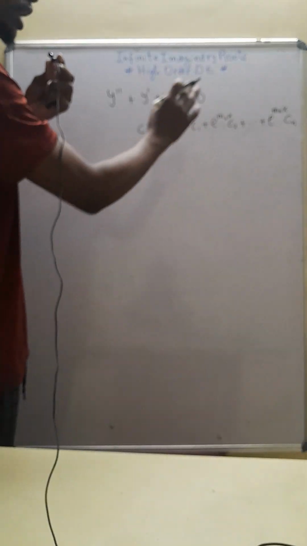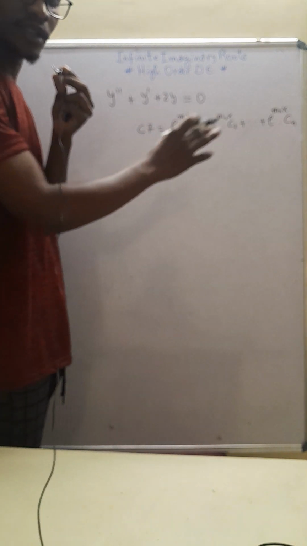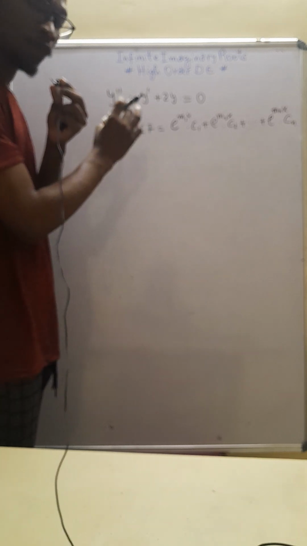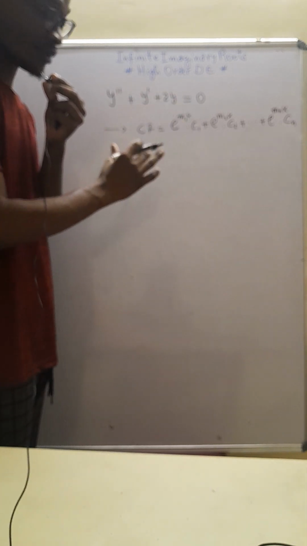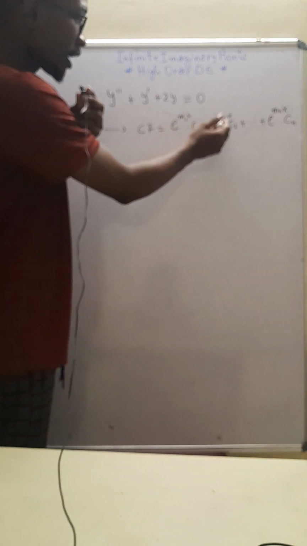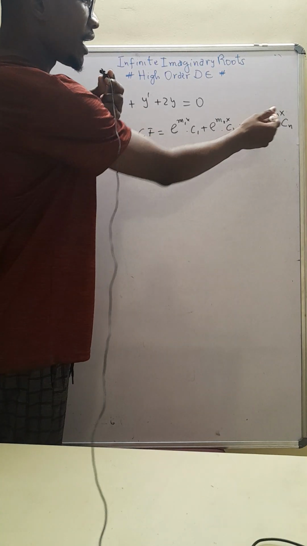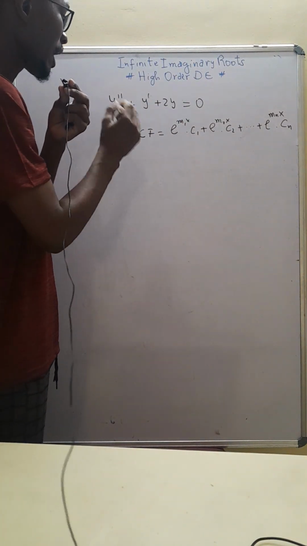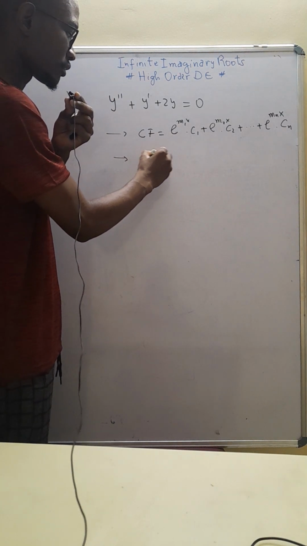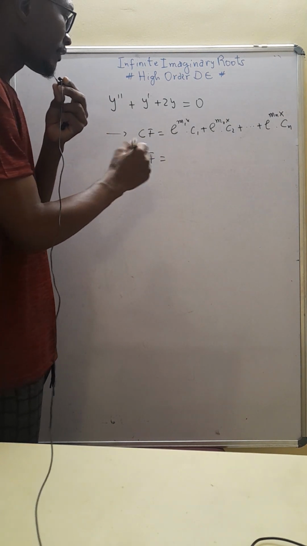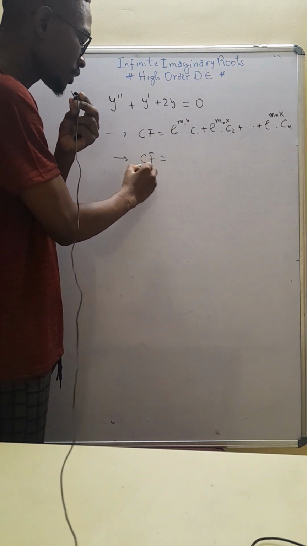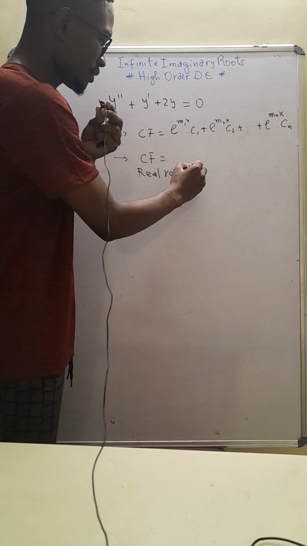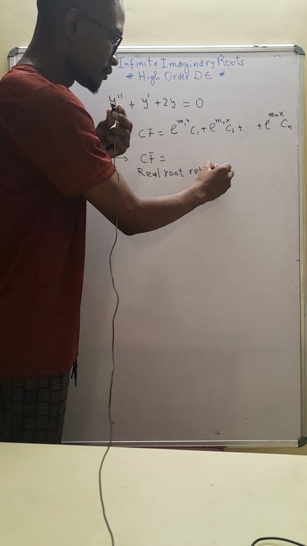We ended with this kind of general solution, and this is the solution when we have real roots that are different from each other. Here m is your root: first root, second root, and here the nth root, okay. Then we ended with a general solution when we have real roots that are the same, real roots repeated.